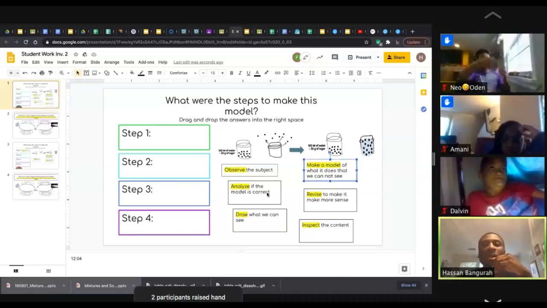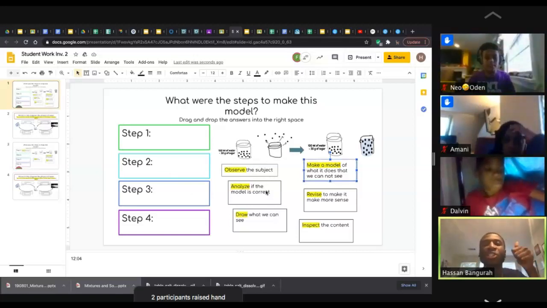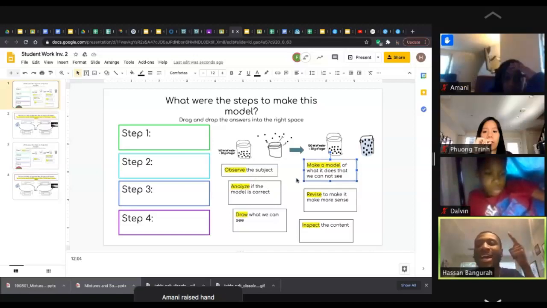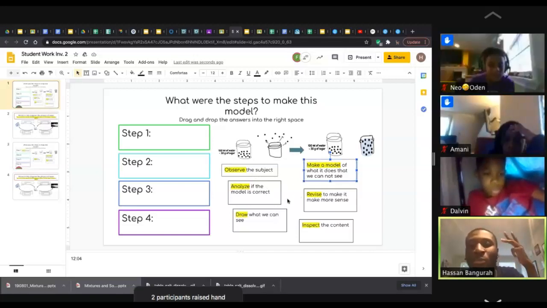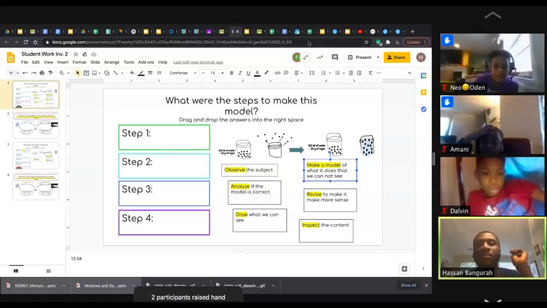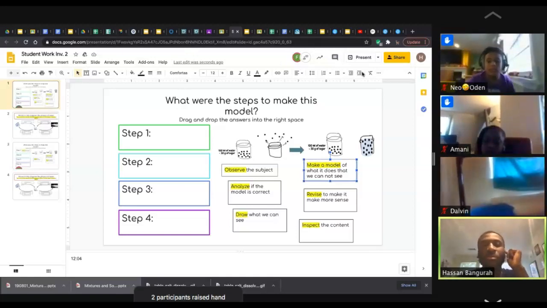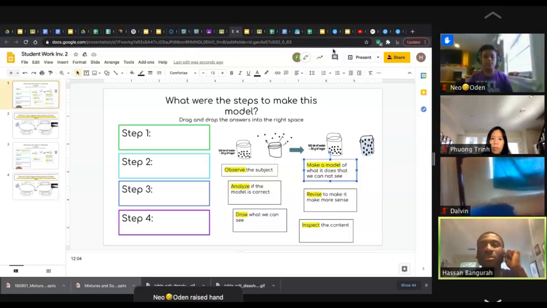What do we think should be the first step we do whenever we're making a model? Should we first observe, analyze, make a model, revise, draw, or inspect? Which one do we think should come first? Go ahead and type into the chat. Okay, I got one person's answer.